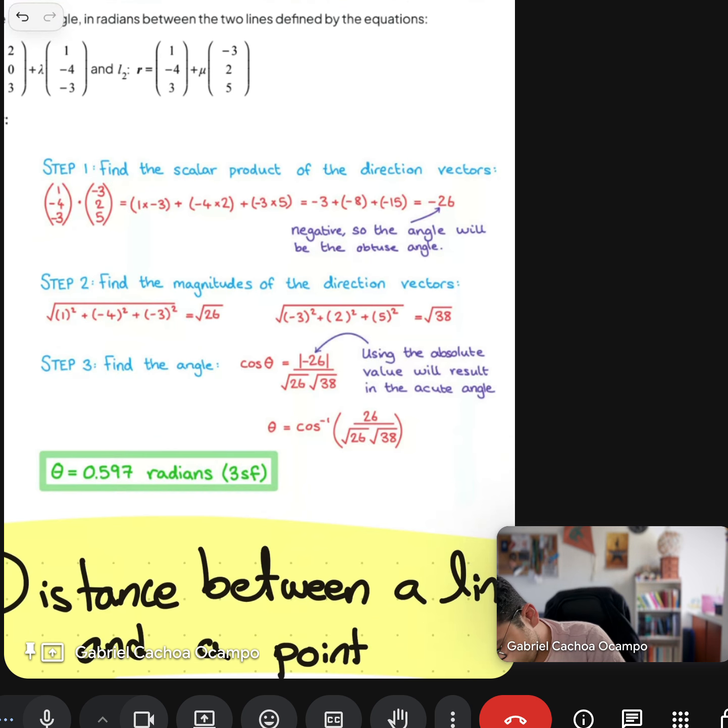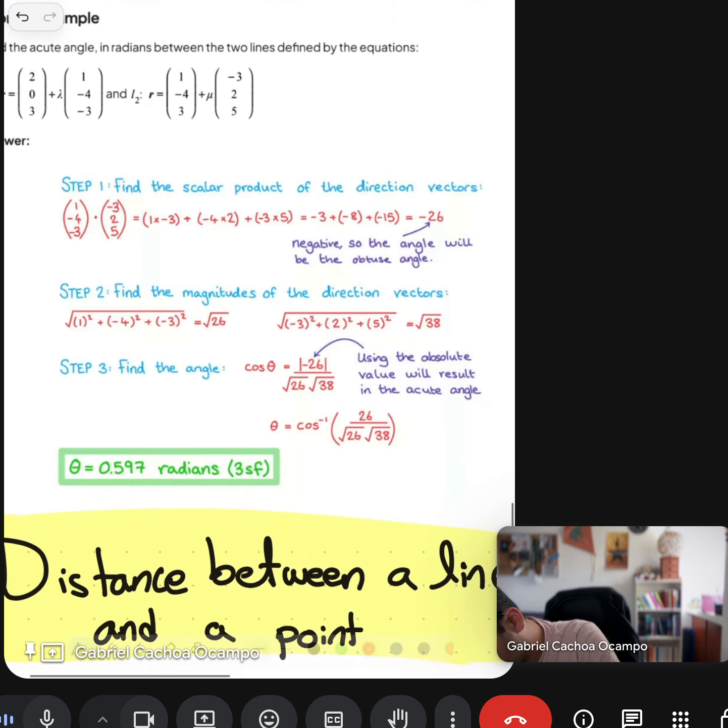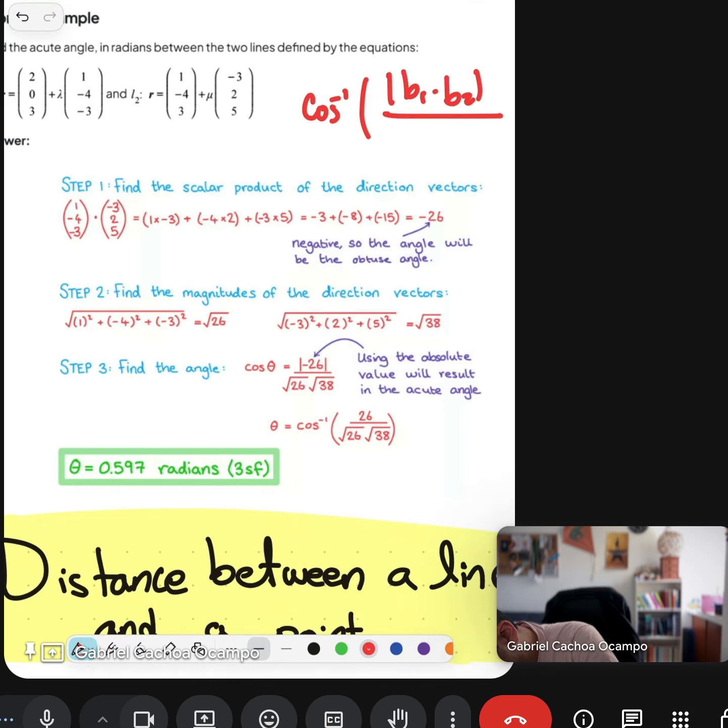Now I find the magnitude of each of the vectors. Remember that the formula that does not appear in the formula booklet says find the inverse cosine of the absolute value of the dot product divided by the product of the magnitudes. So it is 26. This number is this one.